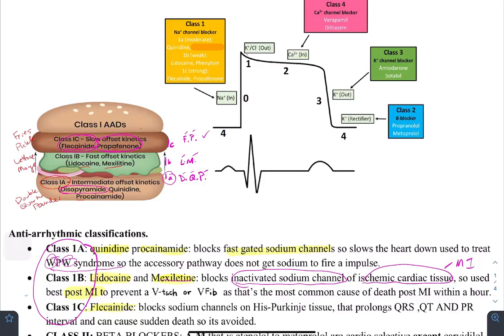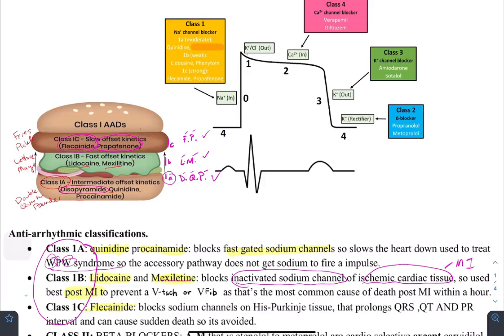Class 1B, which is your lidocaine, mexiletine, very, very useful for post myocardial infarctions because that's the dangerous zone within an hour after that. It blocks the inactivated sodium channel because this is a sodium ion channel blocker. And class 1A, that's your in-between or intermediate potency, double quarter pounder, disopyramide, quinidine, procainamide, which blocks the fast-gated sodium channel.